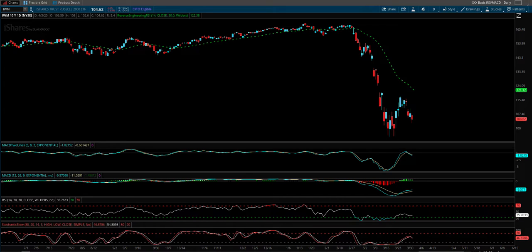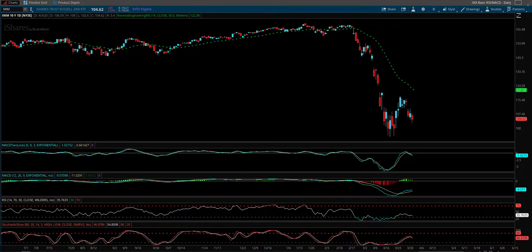So basically, when you see a hidden divergence, that is suggesting that the move is really corrective. In other words, if price is pulling back, it's a corrective pullback, and the prior trend, assuming it was up, would resume, and if it was going down, the prior trend would resume to go lower.